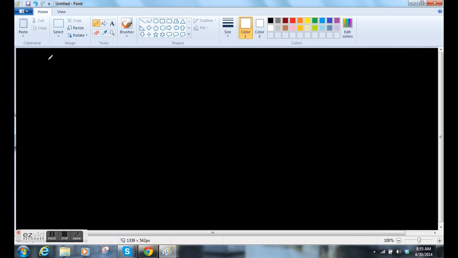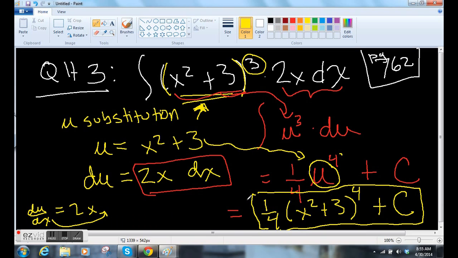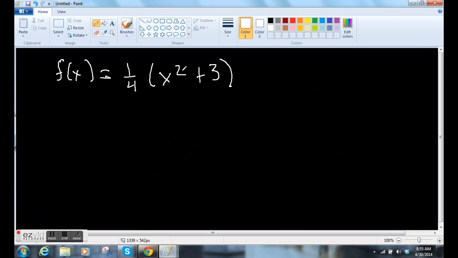Checking, checking. So suppose I said, well, I'm claiming that my function is equal to 1/4 times x squared plus 3 to the 4th plus a constant.